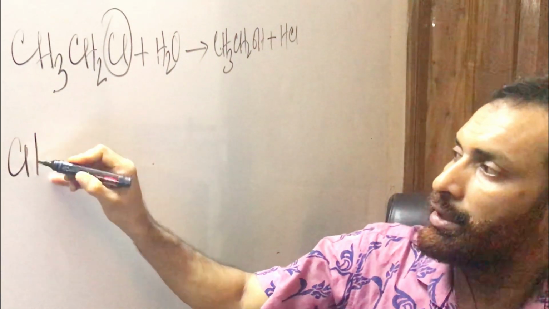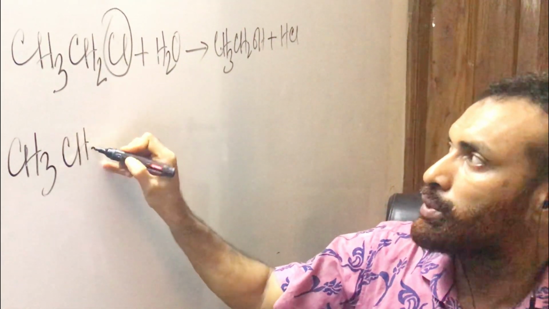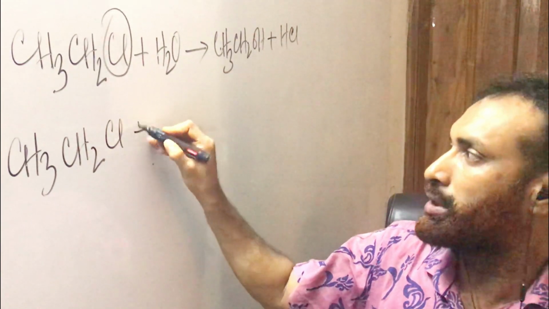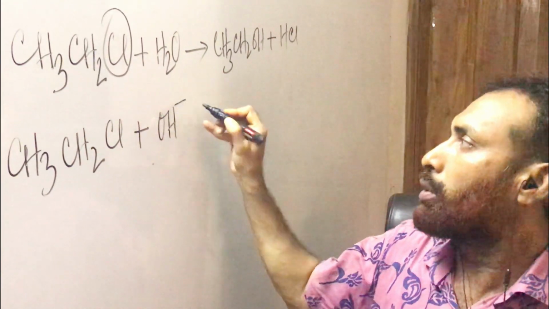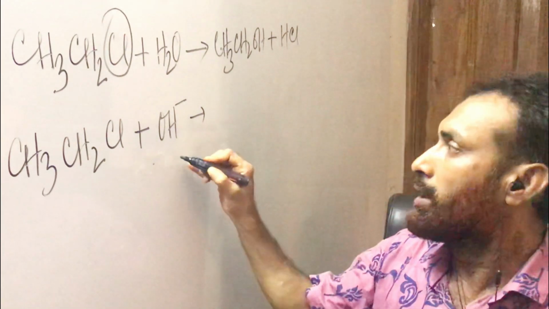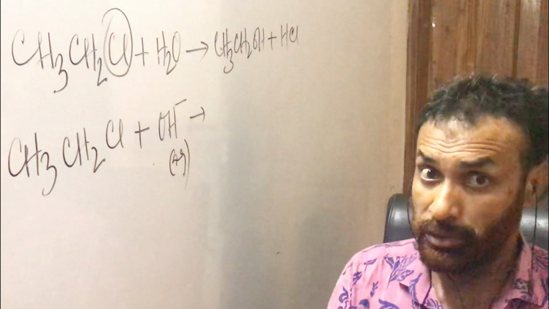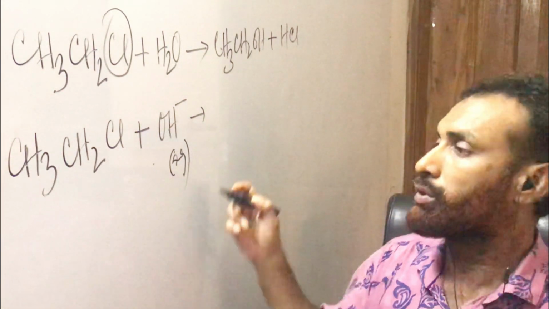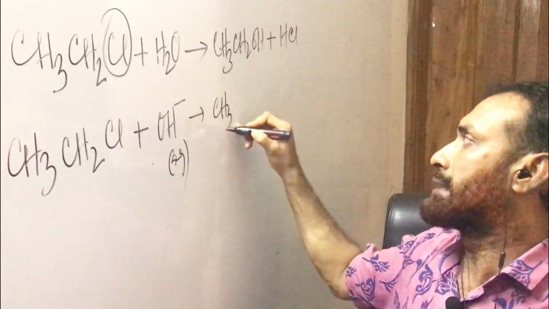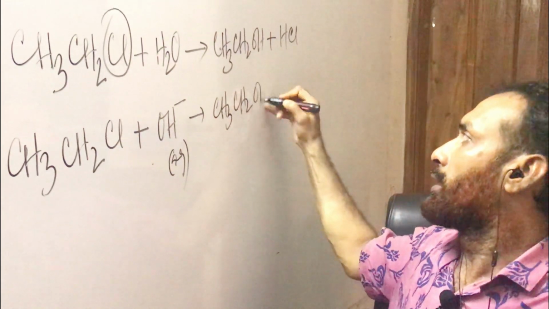Another reaction I'm going to write here: CH3CH2Cl with OH minus, alkali, aqueous, to be given here. The reaction will be similar, a substitution reaction. You would get CH3CH2OH.